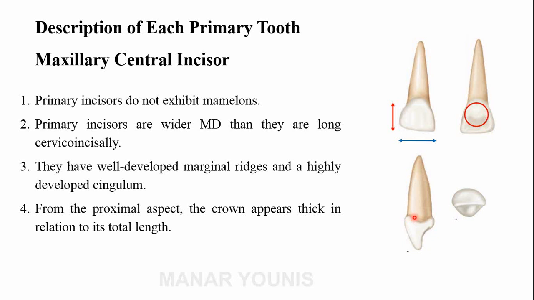In addition, the crown appears thick in relation to its total length. The incisal edges of maxillary incisors are located labial to the long axis of the root, which is similar to the permanent incisors regarding this aspect.